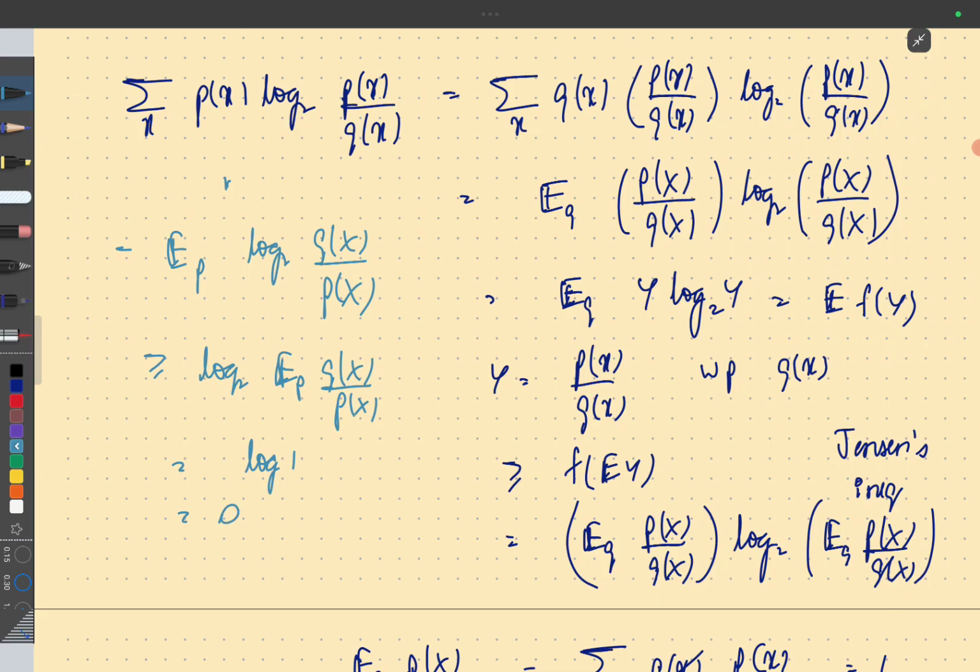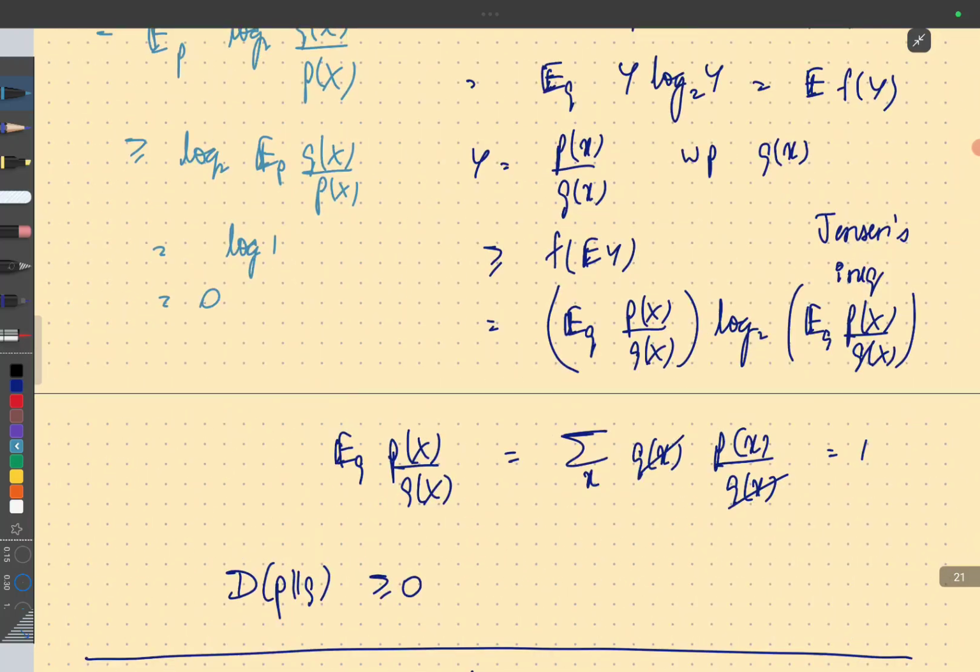Right? So that's a perfectly valid other way of doing this. Any other questions? That's a good point. That's another way of proving that the KL divergence is non-negative.